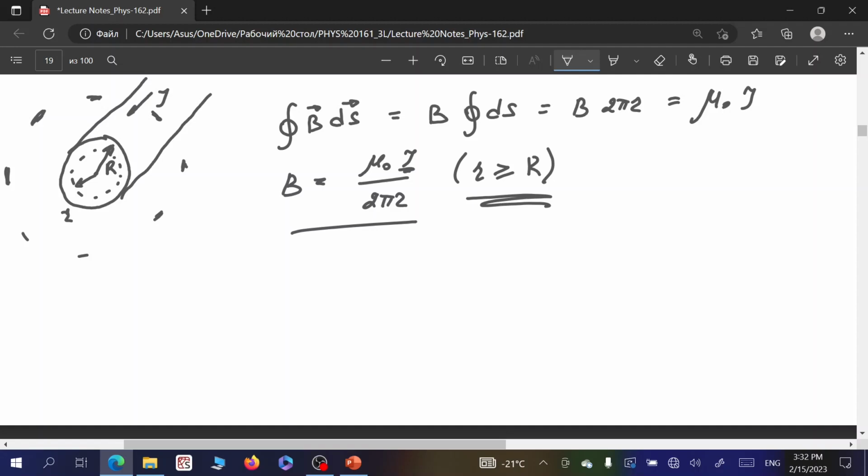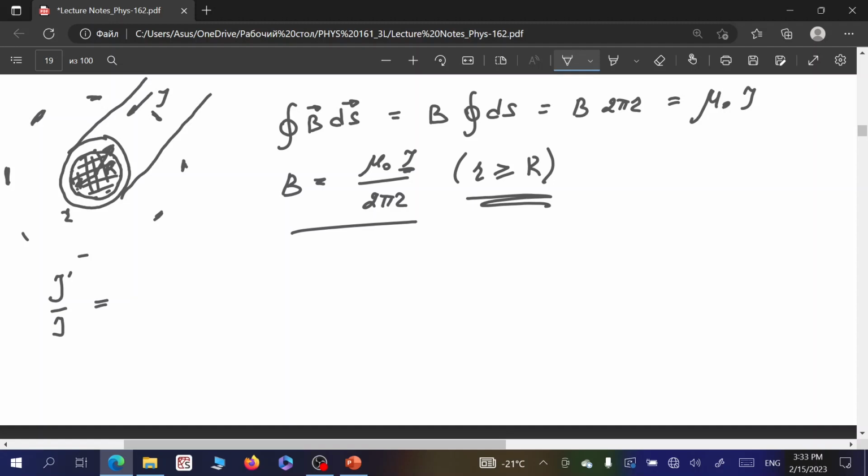Let's say this current through the internal closed loop area is I prime. It's the current which flows through this internal closed loop surface. Then the ratio of I prime to I, the current through the whole conductor, will be what?